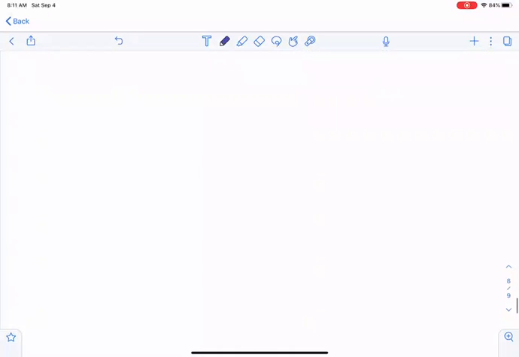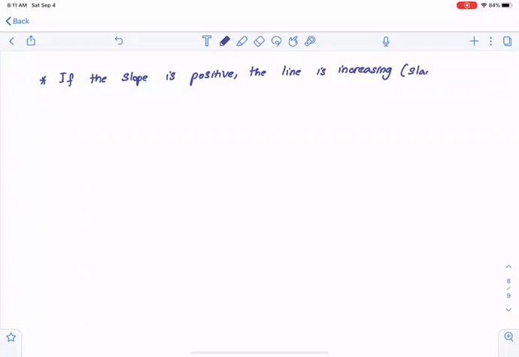A few other things to note. If the slope is positive, the line is increasing in the sense it slants upwards.